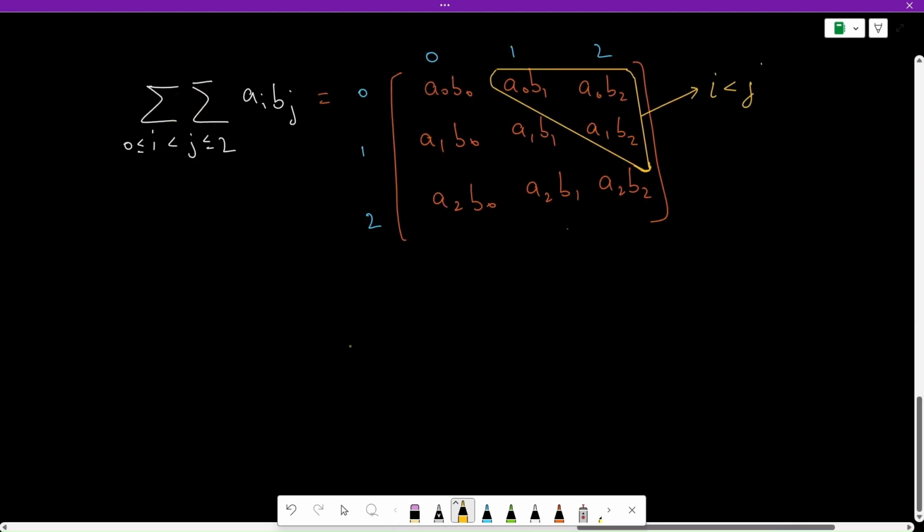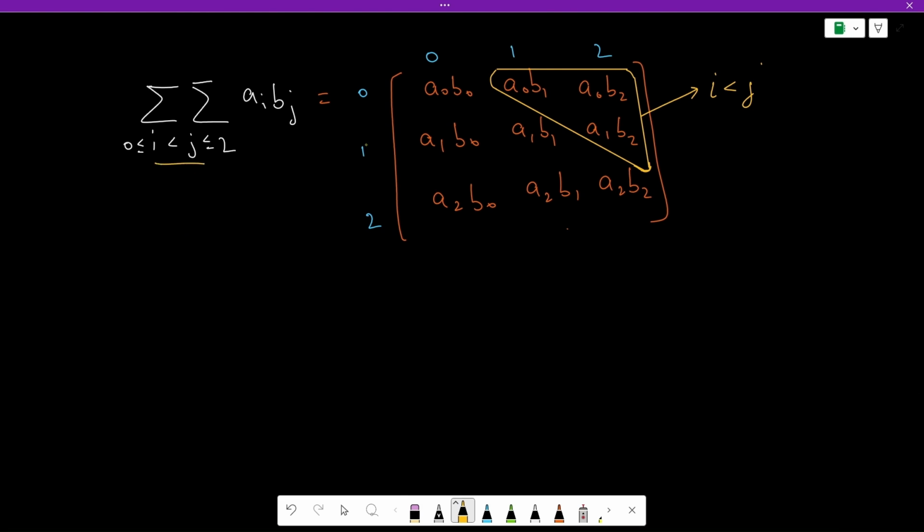So in connected sigmas, we have certain conditions which limit the search space. For example, here we have i and j that must be between 0 to 2, but another condition is that i must be less than j. So this is the condition.